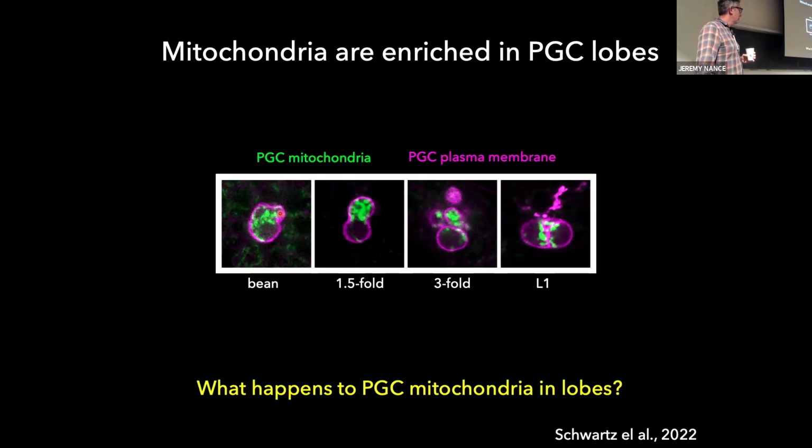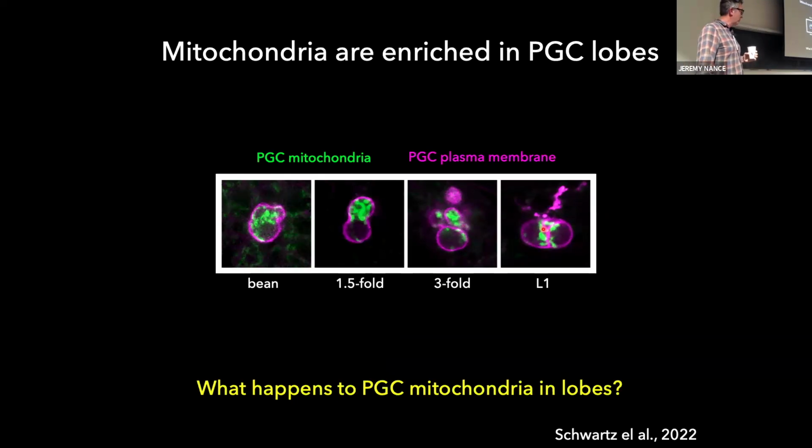So this is right when the lobes are beginning to form. Here is one just starting to form. The nucleus is down here. You can see them begin to move up into the lobe. And then this is right when the lobes start to be trogocytosed. You can see that there are some mitochondria in the cell body. Many of them are in these lobes. And we thought that some of them were being degraded and some retained.